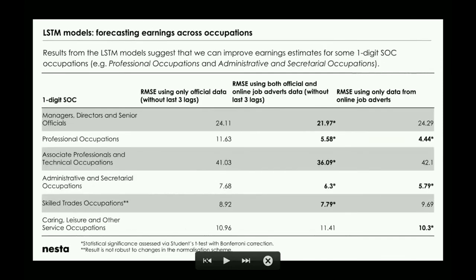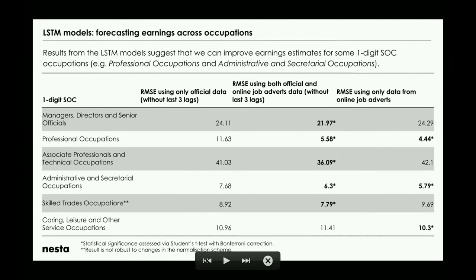So rather than LSTM doing better than a linear model, in this case it's more that the LSTM with online job adverts data does better than the LSTM without online job adverts data.